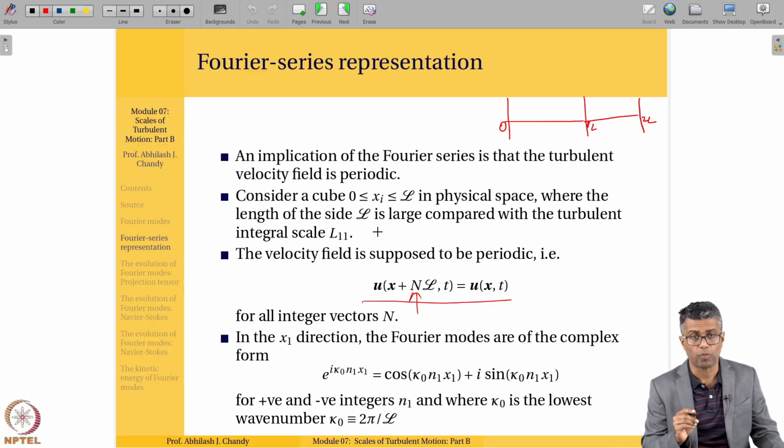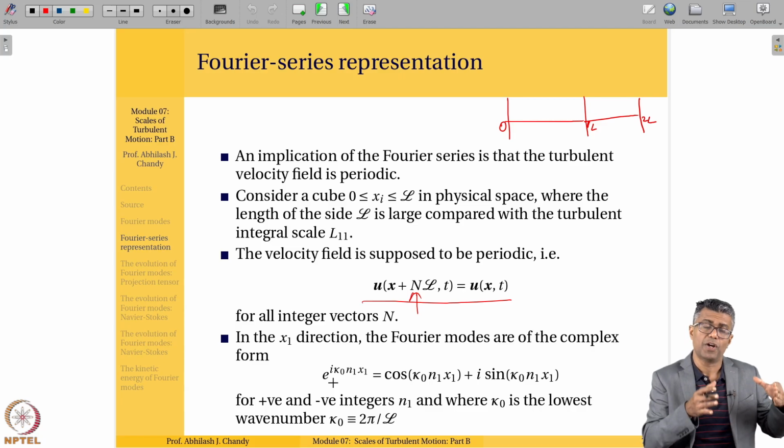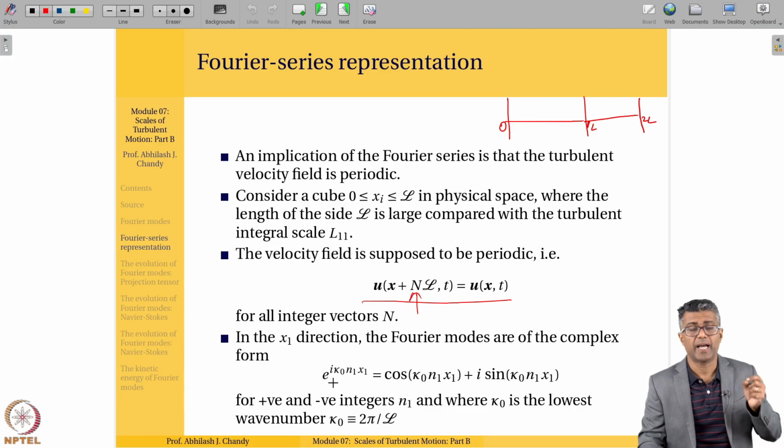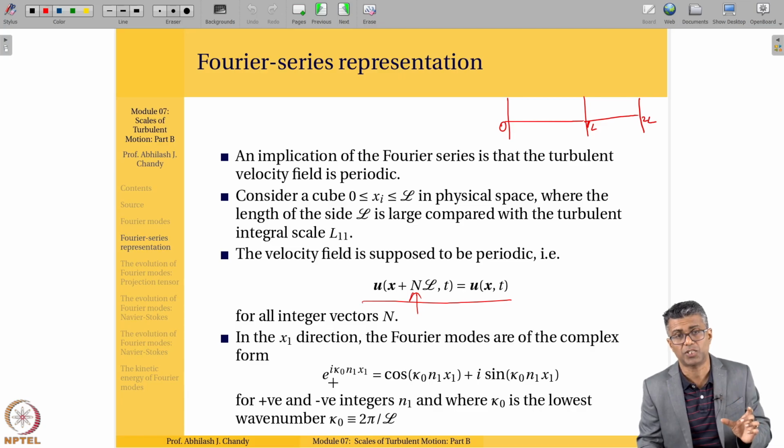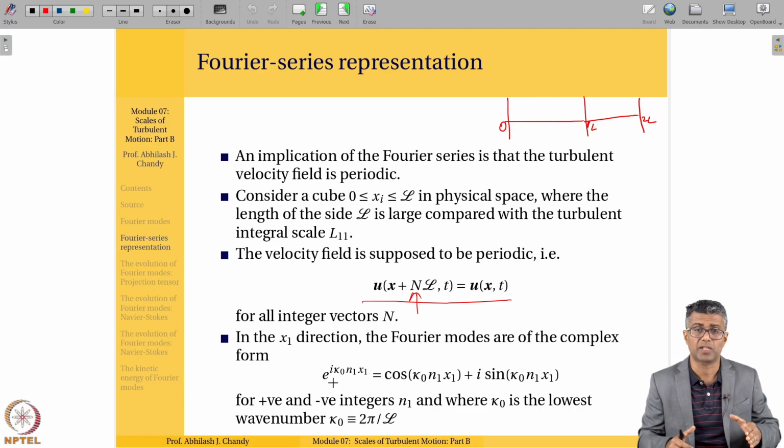So instead of writing it as k1x1, I am going to write it as k0n1, where n1 is a set of positive and negative integers and k0 is the lowest wave number. k0 is the lowest wave number associated with the largest length scale, and the largest length scale is the size of the cube.